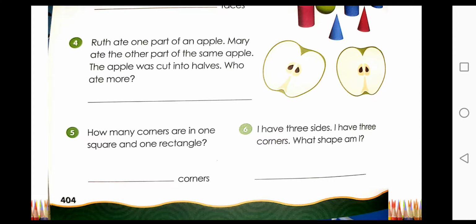What shape am I? What do you think? 3 sides and 3 corners. Super easy. It's a triangle. Excellent.